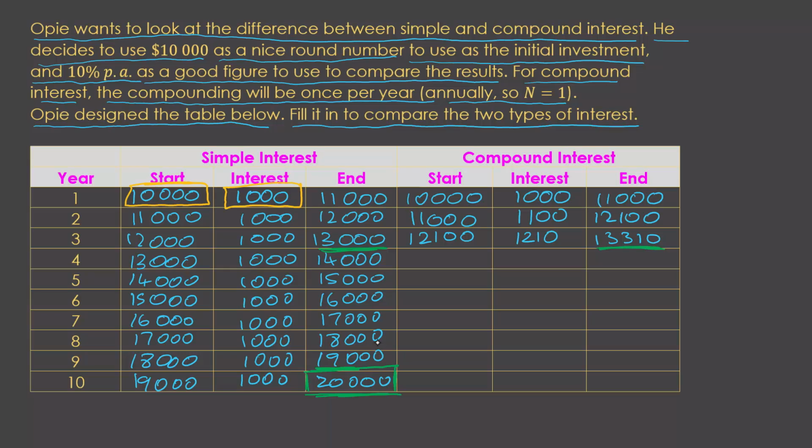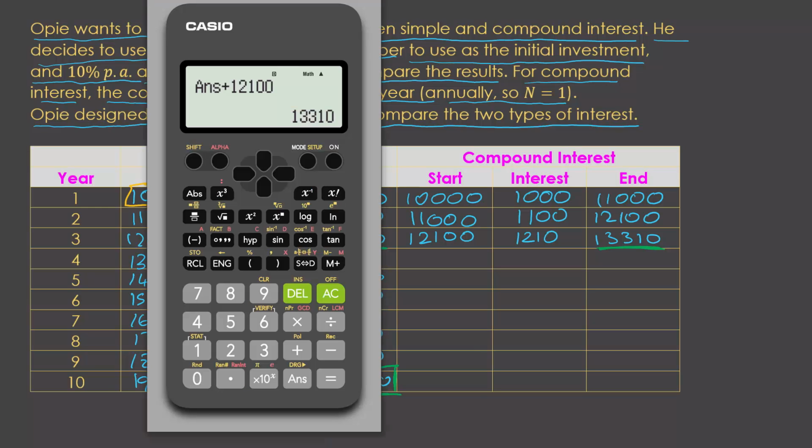Now you don't need to see me do all 10 rows of the table, but you might be interested in how different it is by the end. So if I start with 10,000, that's the initial 100%. I'm getting 10% interest each year. So to get 1 year's interest, I can multiply by 1.1. I would then multiply the result of that by 1.1 and the result of that by 1.1 and so on.